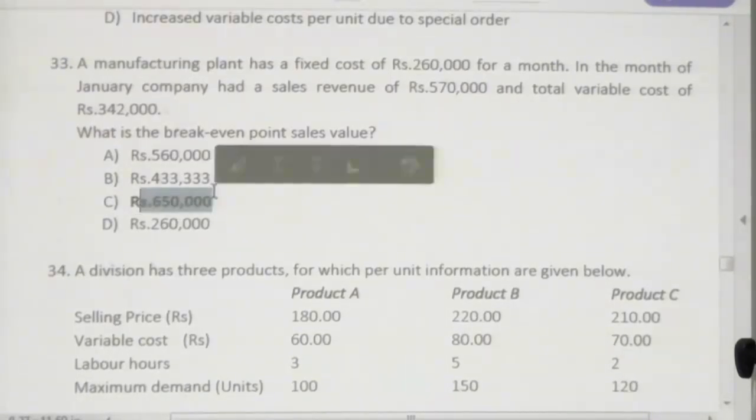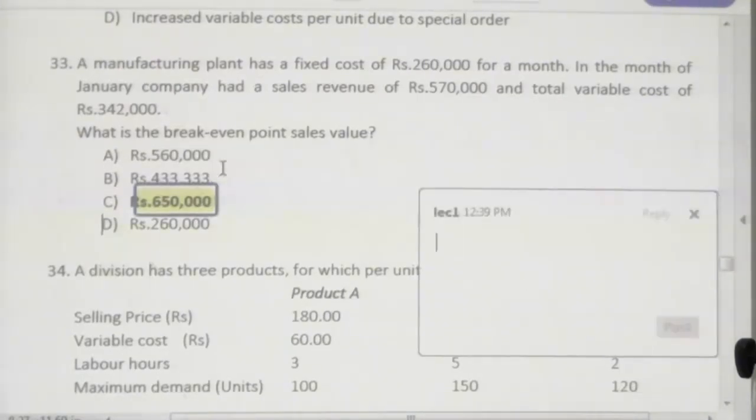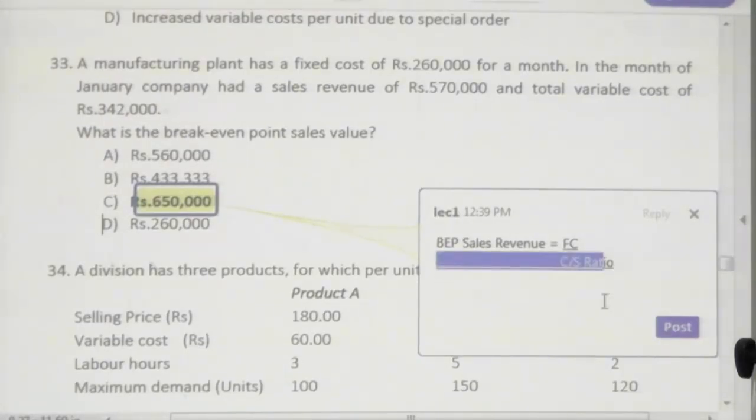I will show you the calculation like this. Break-even point sales revenue: you can calculate by dividing fixed cost by your CS ratio, contribution to sales ratio.